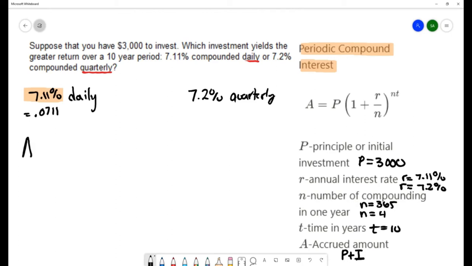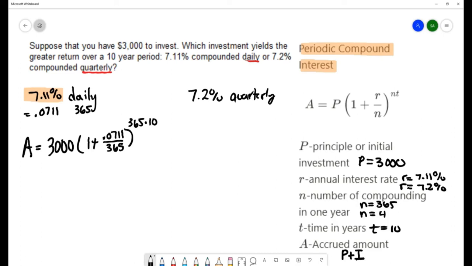So in our formula, we would have A equals 3,000 times 1 plus 0.0711 over N, that's 365. Daily is 365 compounds in a year, to the N times T of 10 years.